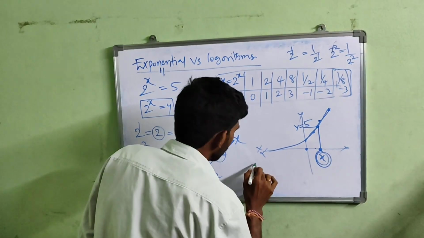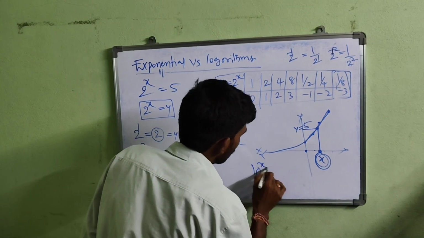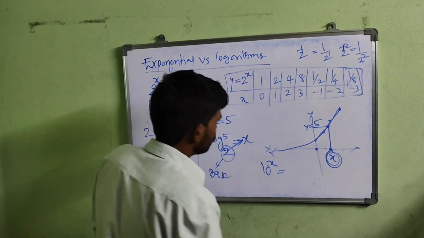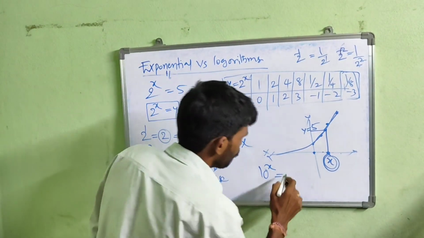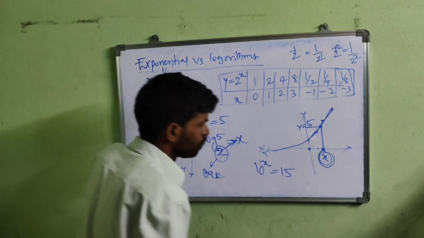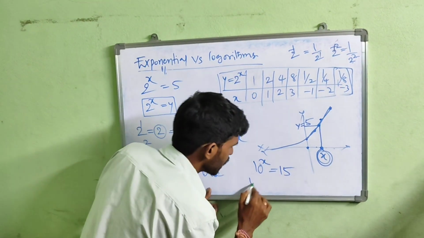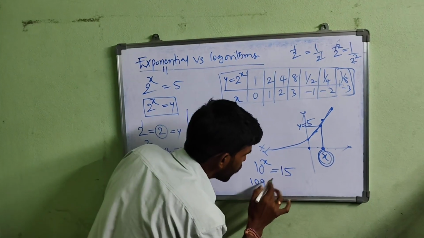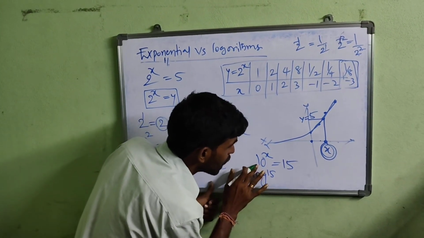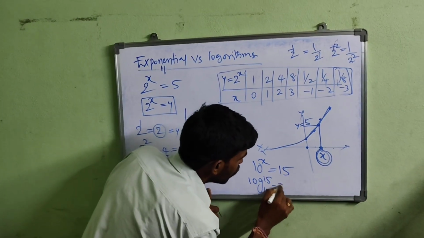Now for example, 10 power x is equal to 15. How can we write it? Log 15 to the base 10 equal to x.